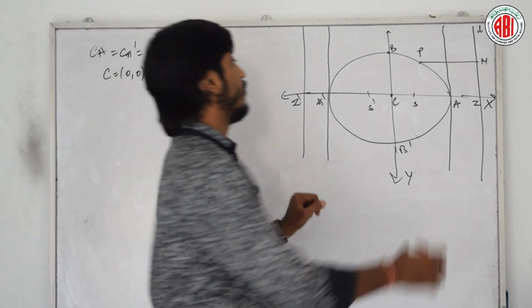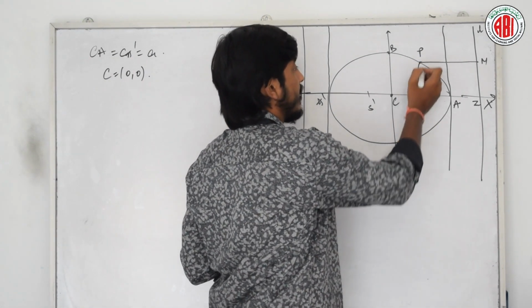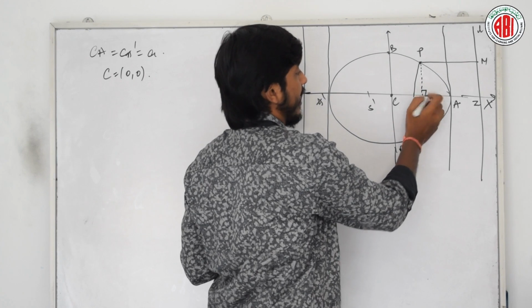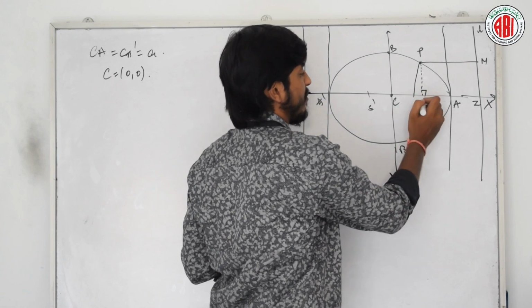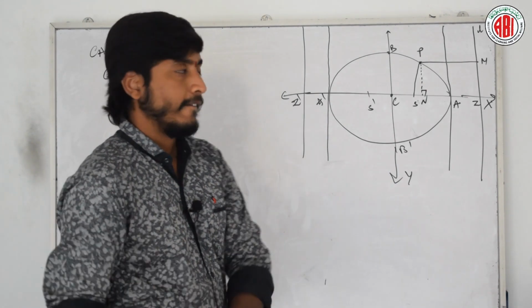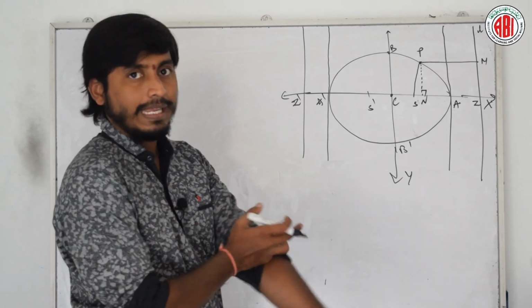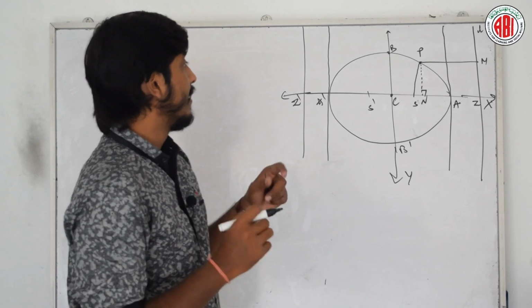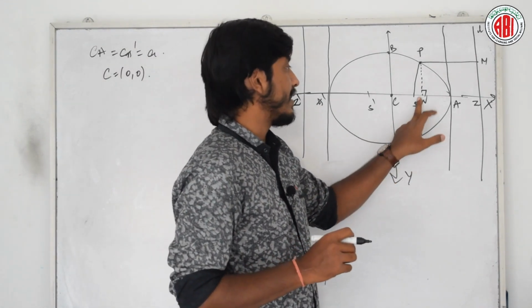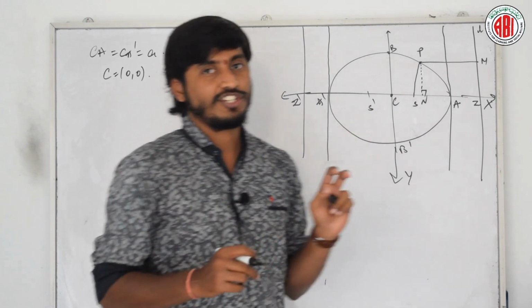Clear? Now join PS, and draw a perpendicular from P on the x-axis, let us say the normal N. Is it okay? Fine. From here the main story starts. Let us consider different parameters here. Let us take SA and SA dash.